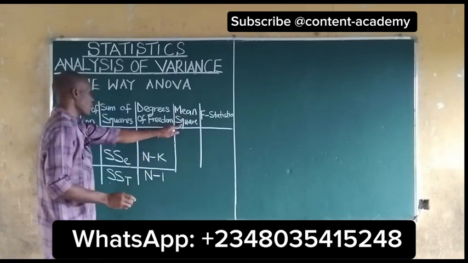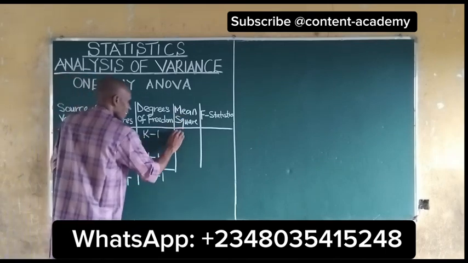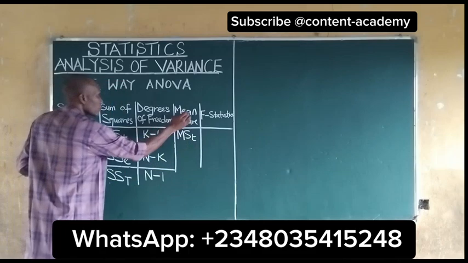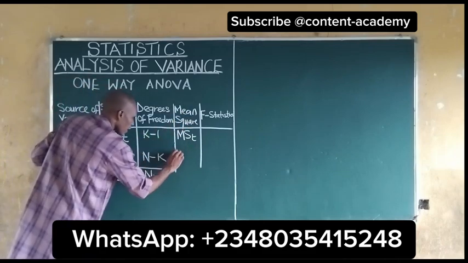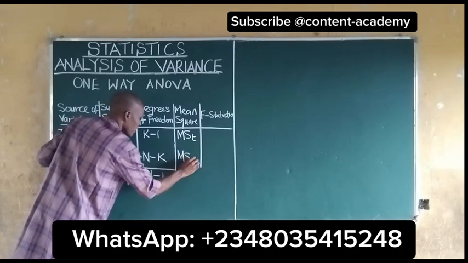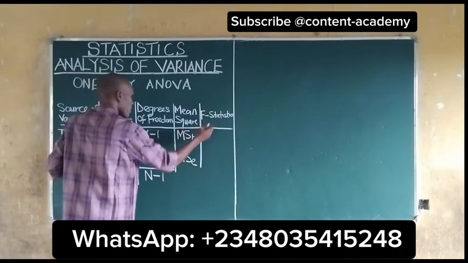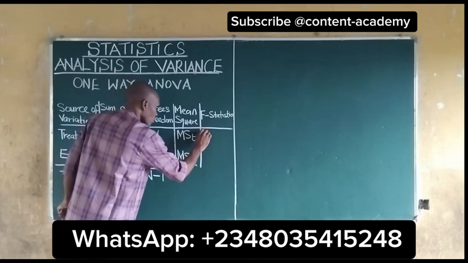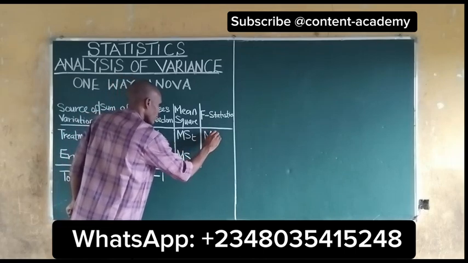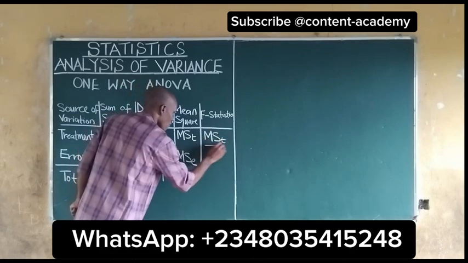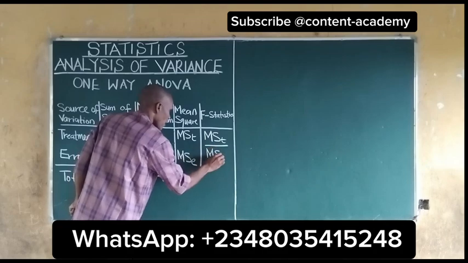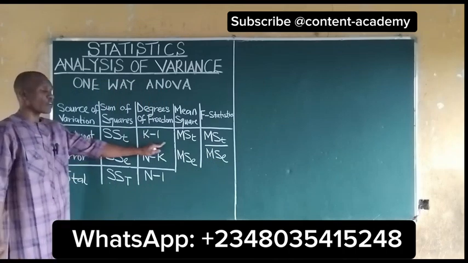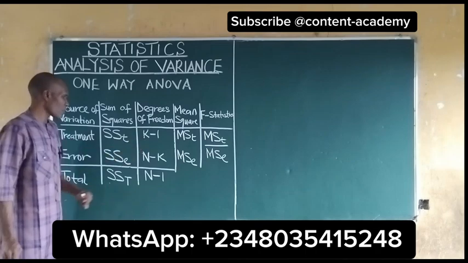Here we have the mean square treatment and the mean square error, while here we have the F statistics. The F statistics is equal to the mean square treatment all over the mean square error. That is how it is gotten.